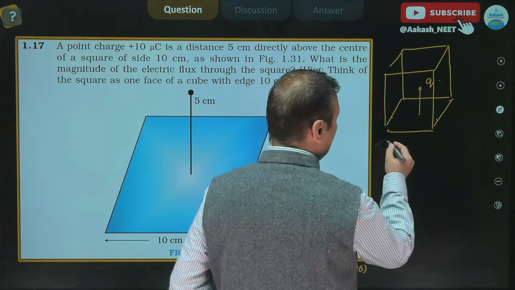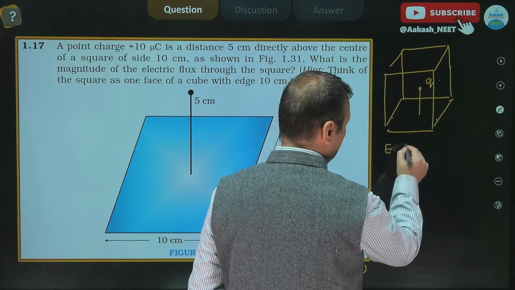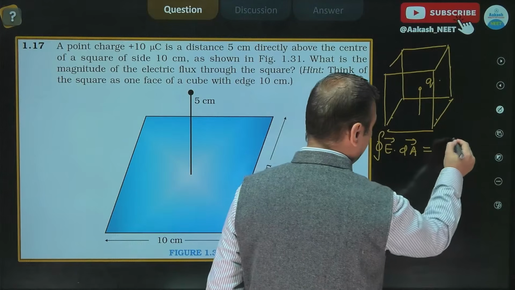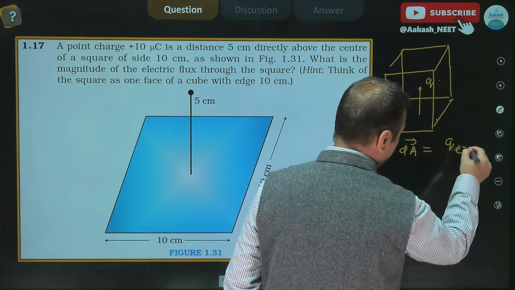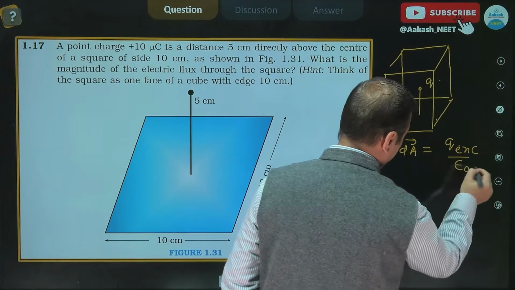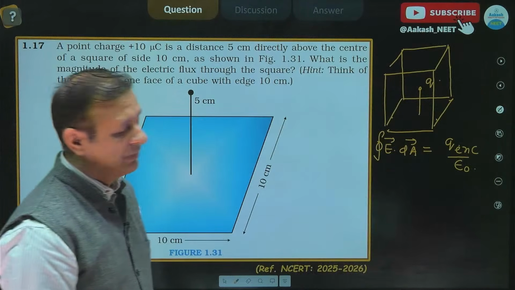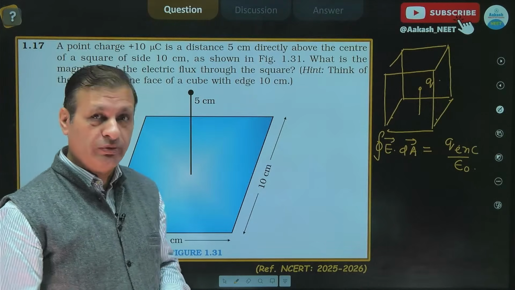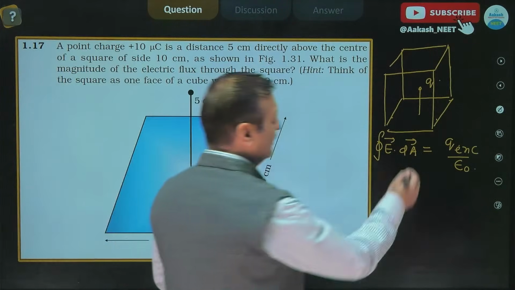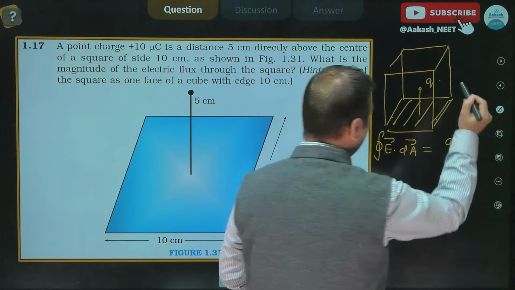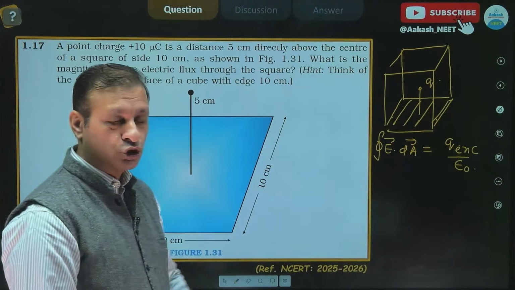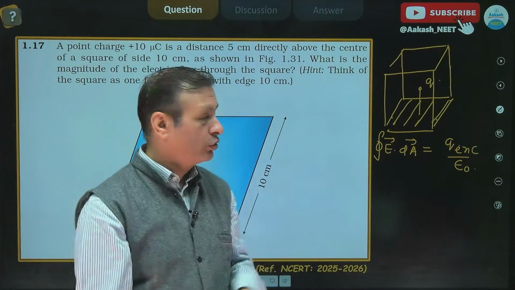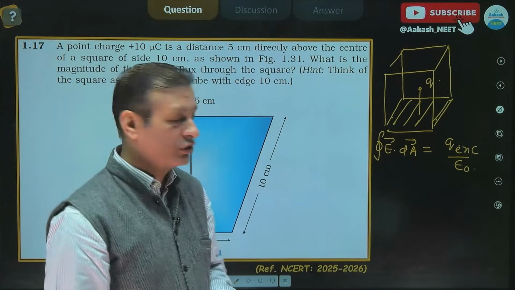Now we can apply Gauss's law, which clearly says the total flux through this closed surface is charge enclosed by epsilon naught, and this is for the complete cube. But we have to find out flux through this square part only. So the square is just one of the 6 surfaces of a cube.